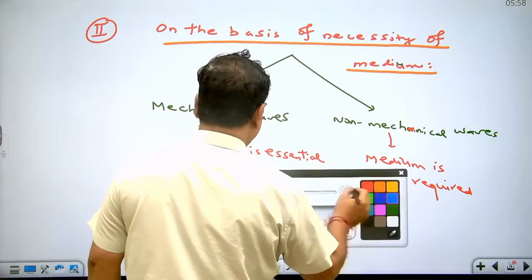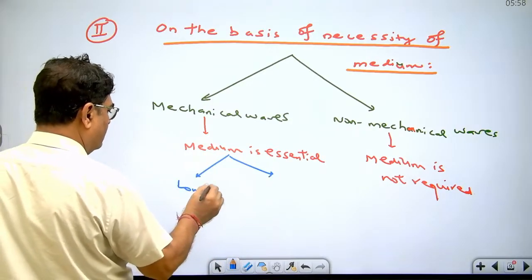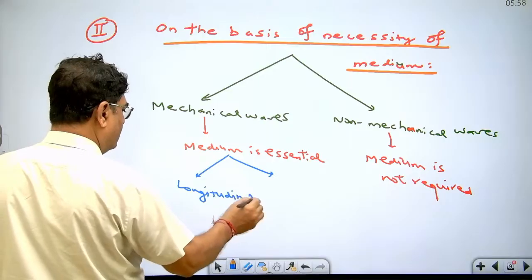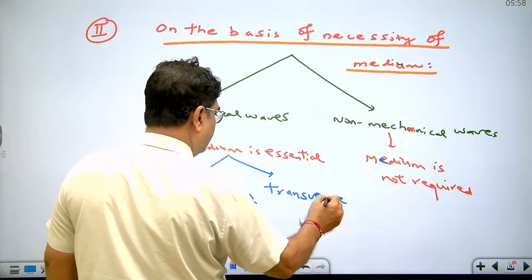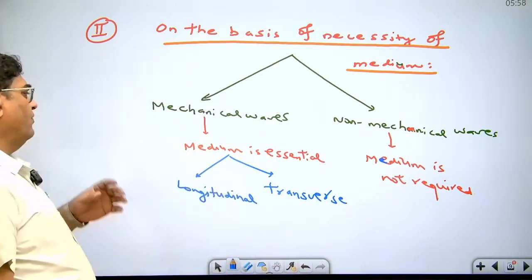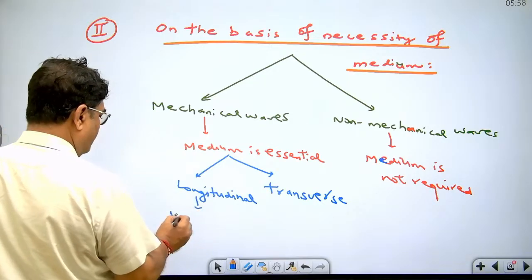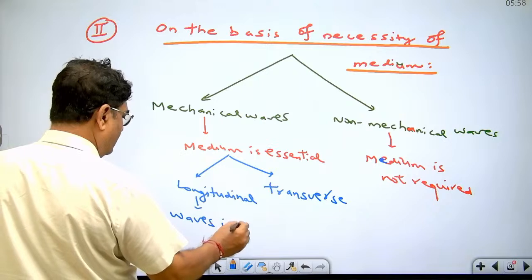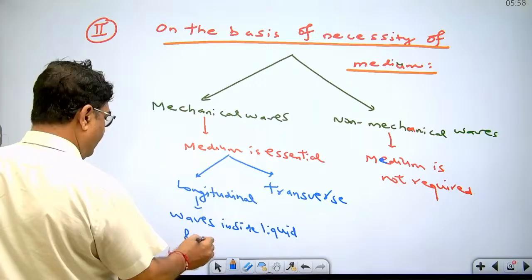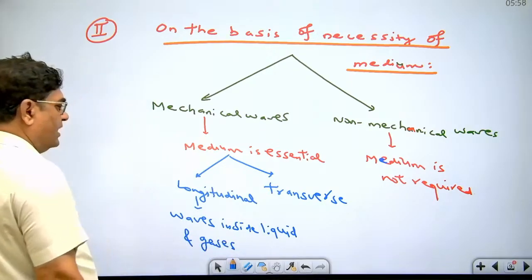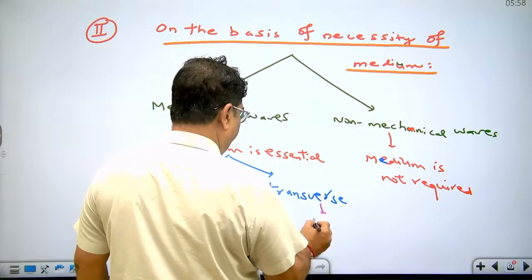The mechanical wave can be either longitudinal or transverse in nature. For example, mechanical waves that are longitudinal means waves inside liquid and waves formed in gases are longitudinal, while the example of transverse waves are waves in string.